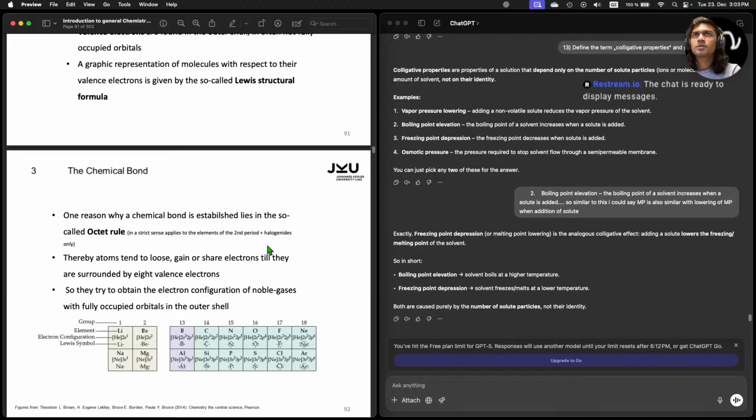One reason why a chemical bond is established lies in the so-called octet rule. In a strict sense, it applies to the elements of the second period plus halogenides.